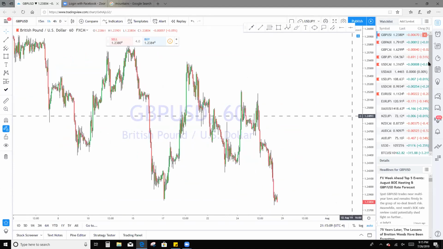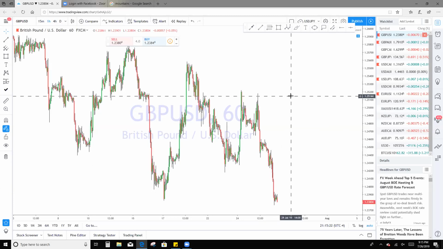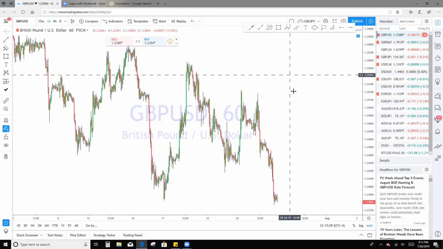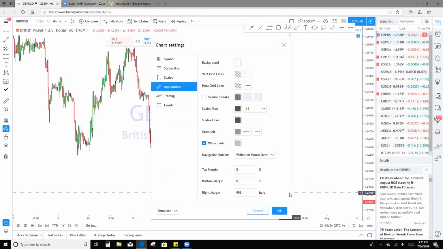We may not even get to all these pairs, but I promise you guys next week we'll start getting more and more in depth. But I want you guys to understand the foundation first before we start moving to other stuff. So if you can't understand how we got that, what you can easily do is click on your charts, and I want you to go to settings.